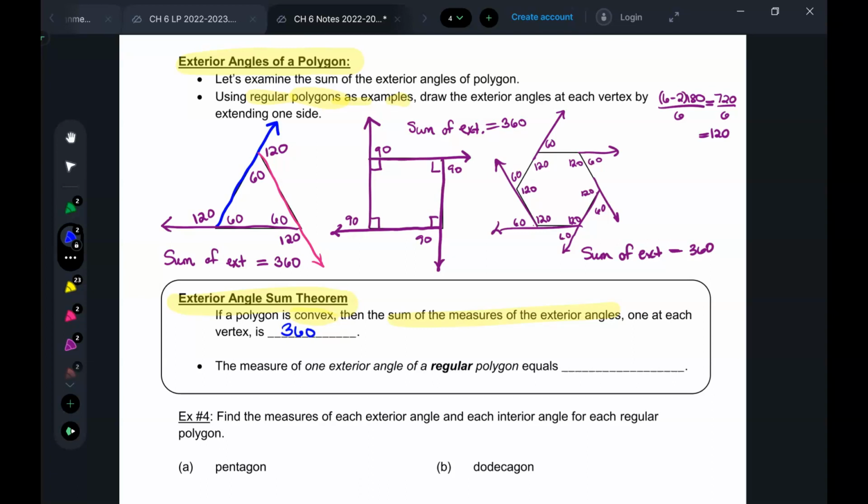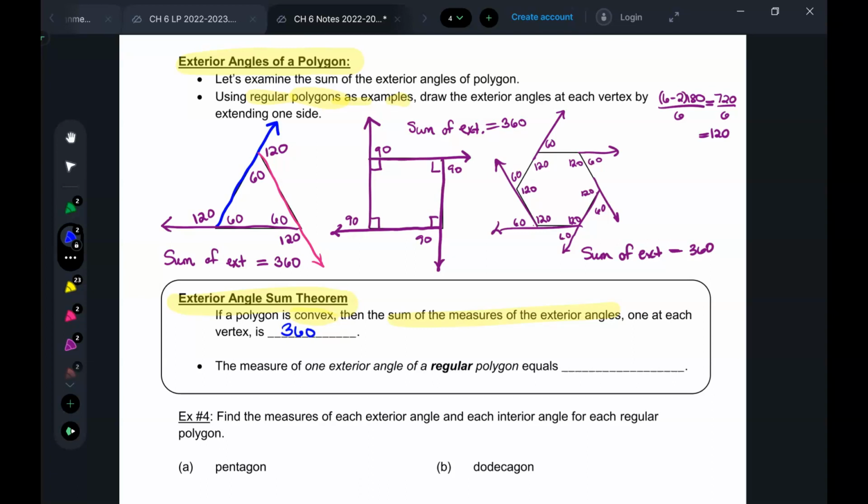Can a polygon be regular and not convex? Anyone? No. So then doesn't it mean that all regular polygons are convex? I used regular polygons as an example, but if I picked another, like if this was 80, this would be 100.